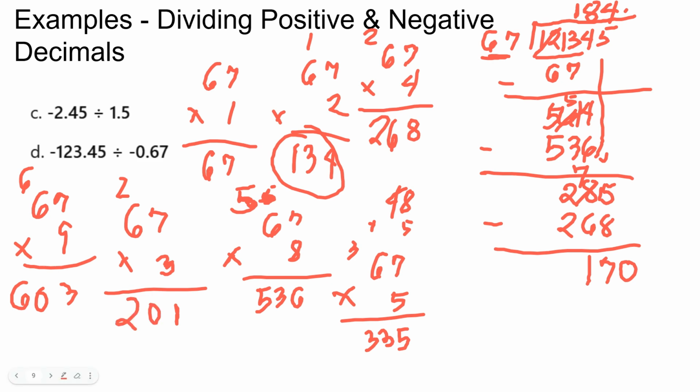So we have 201. So it has already exceeded 170. So therefore, how many 67s are there in 170? We would say that it is actually two.